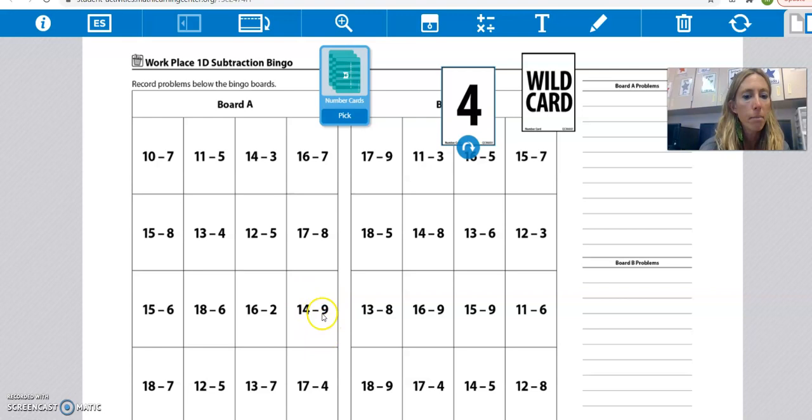If I go 14 minus 9, instead of counting back 9, how else could we do it? We could get back to 10. 14, if I go back to 10, that's 4, and go back 1 more to 9, that's 1 more. So put them together, that's a total of 5. The difference there is 5. So I'm looking at that one as a difference instead of removal. The bingo cards just bring up the review of finding the difference versus removing.